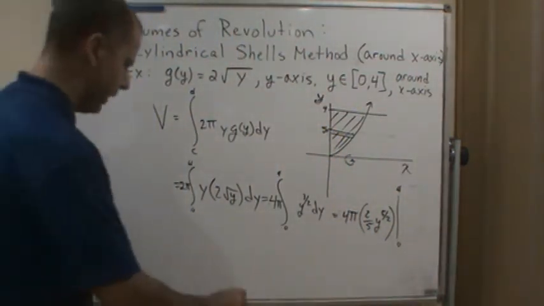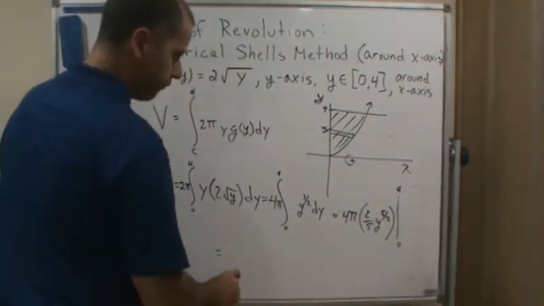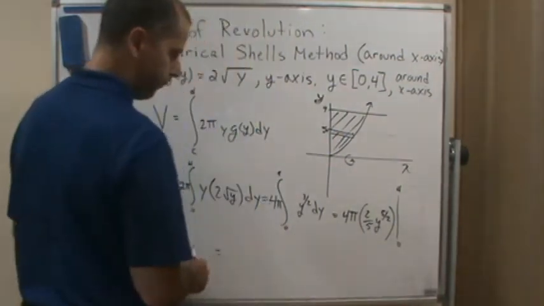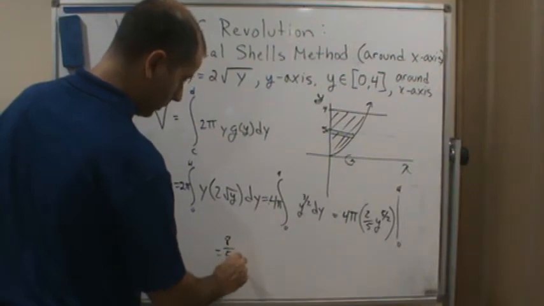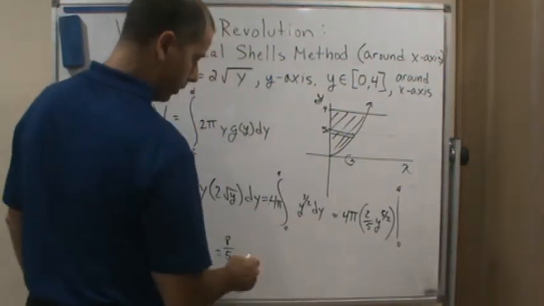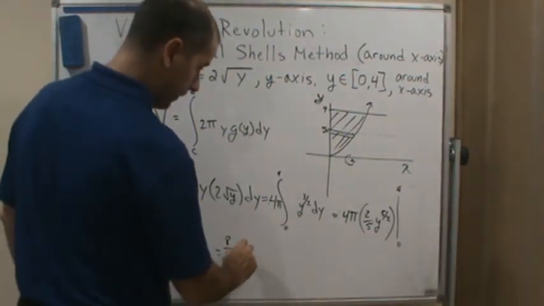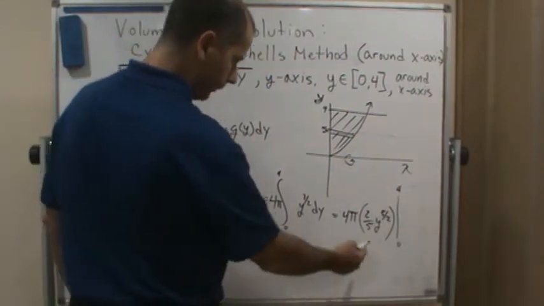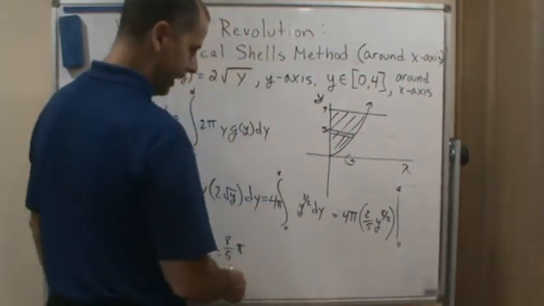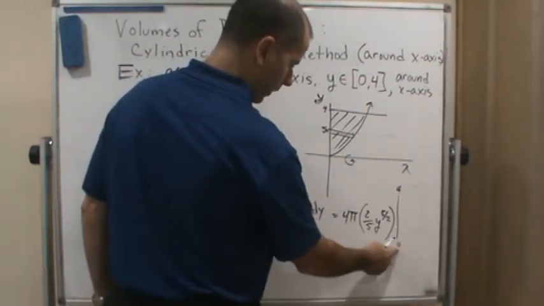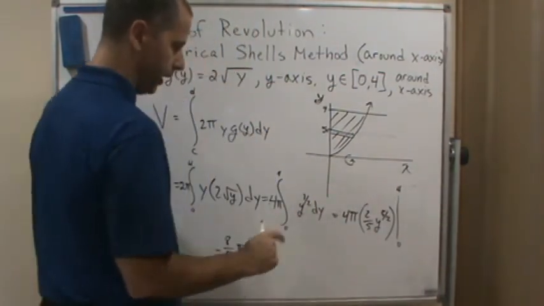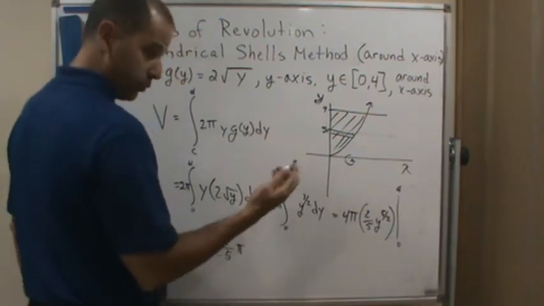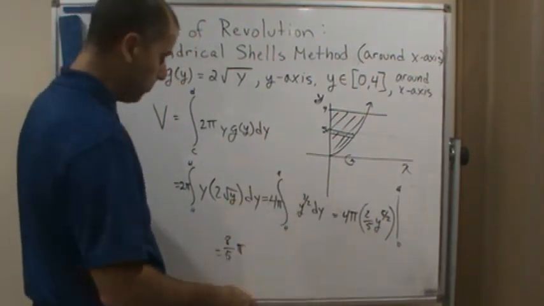Okay? And so now, what does this equal? Well, we pull the 4 and the 2/5 out, so that's going to be 8/5 pi, and we're going to evaluate this at 4 and 0. Well, at 0, the whole thing is just 0, so we can just evaluate it at 4 and we're done, because we're just going to end up subtracting off 0.